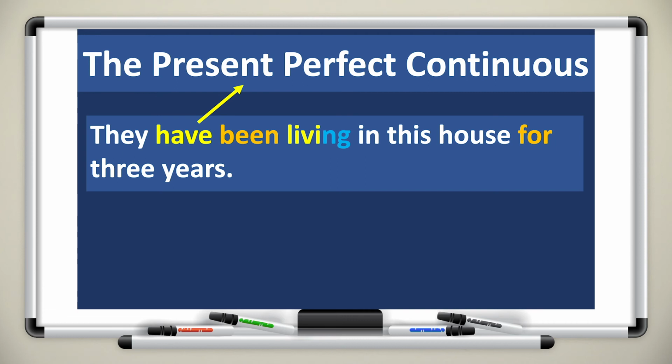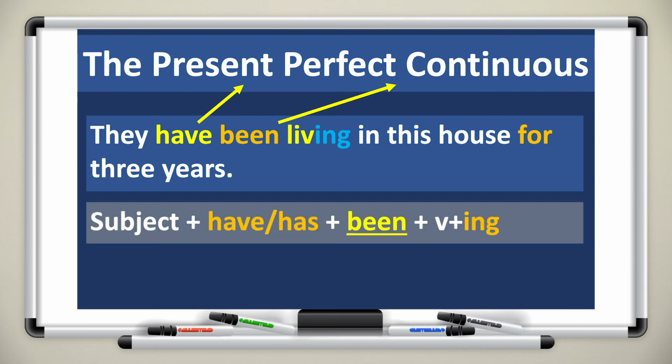But then when I take a look at the verb living with an ing, I will think about the continuous. So basically, the present perfect continuous formula will go like the subject, which is they, and then I will choose between have or has because it's a present perfect, and then I will put the word been in the middle. So I will go, they have been living in this house for 3 years.